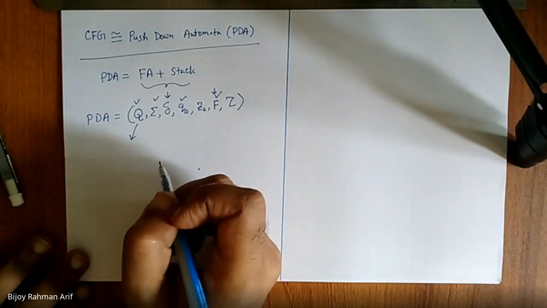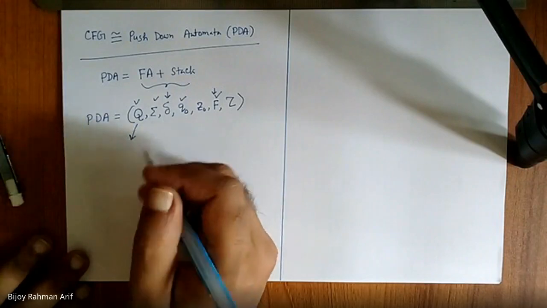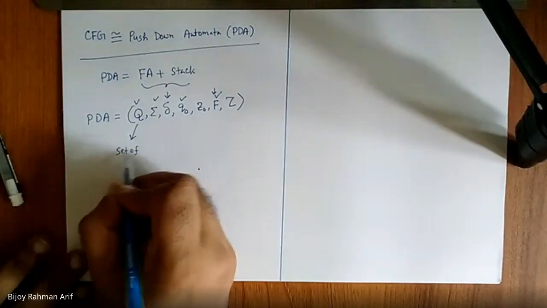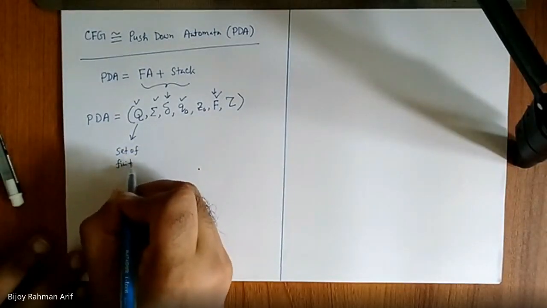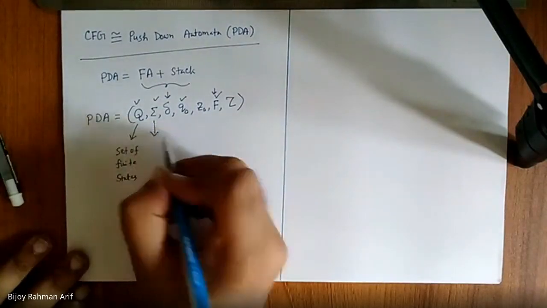So what is Q? Set of finite states. What is sigma? Input alphabets.